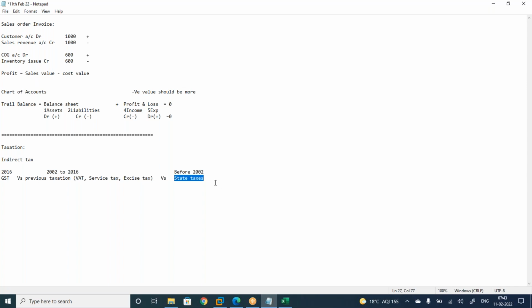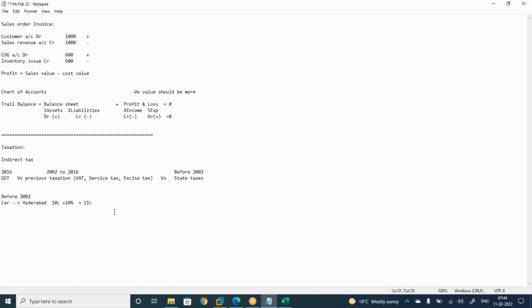That means, suppose I am purchasing a car in Hyderabad, 10 lakhs plus 10% tax, it is 11 lakhs.